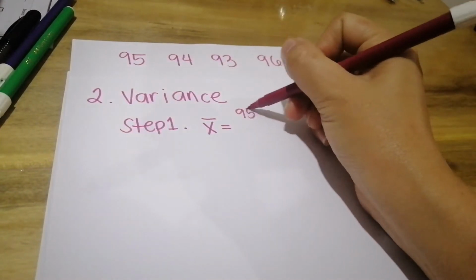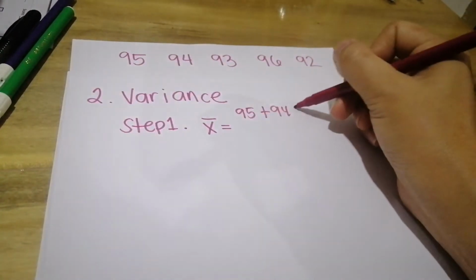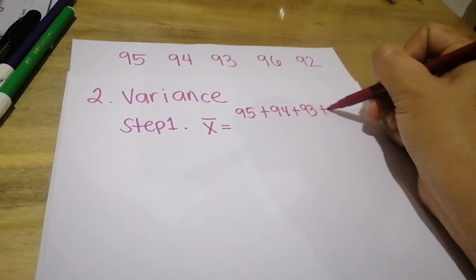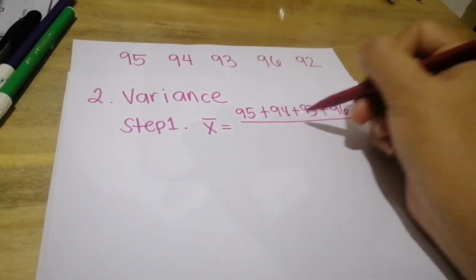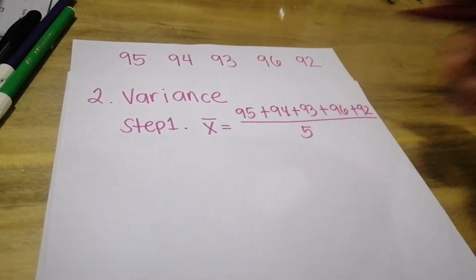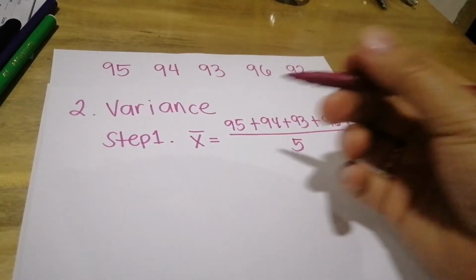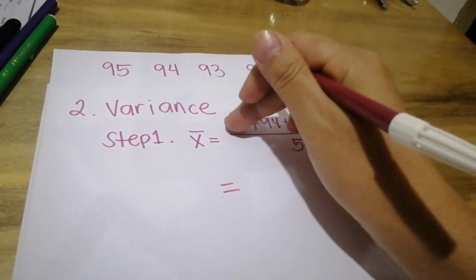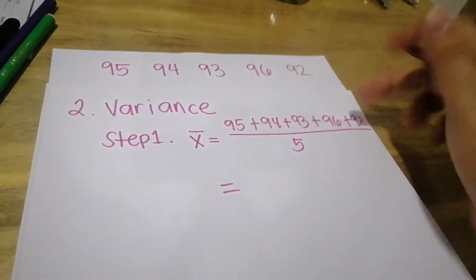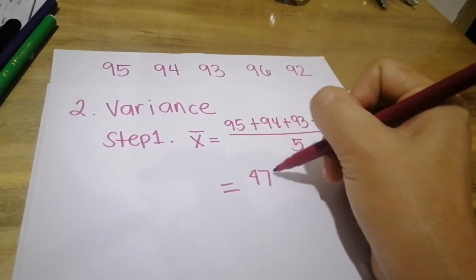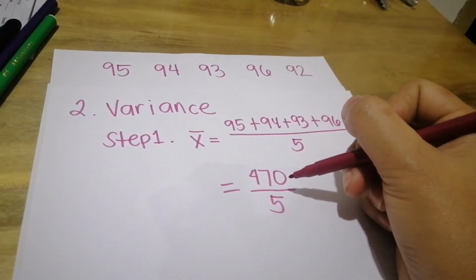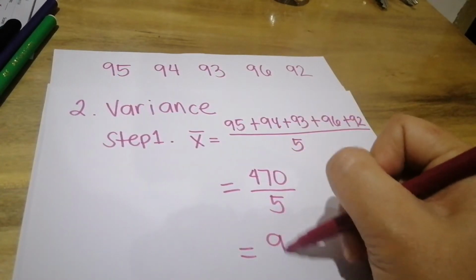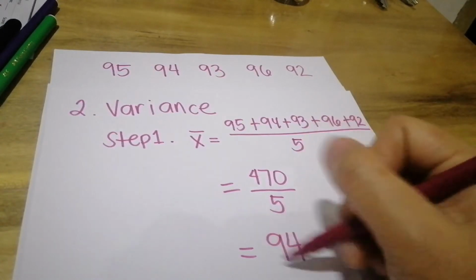So this is equal to 95 plus 94 plus 93 plus 96 plus 92 all over 5. The sum of these 5 numbers is equal to 470. Then we divide that by 5, and the answer is equal to 94. So that is the mean, and that is simply step 1.